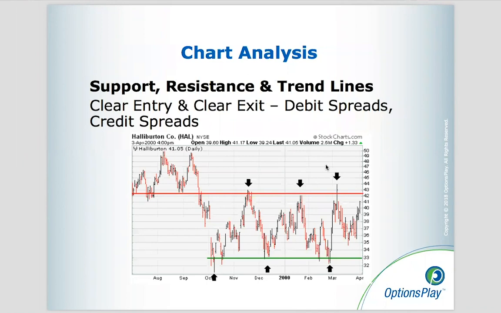That will basically help you limit your risk. So those are two ways that you can use credit spreads or debit spreads to trade when you feel that a stock has hit a support or a resistance level. I have some real examples to show you in a few seconds using Options Play, but this is just for illustrative purposes to show you what support and resistance means and what type of strategies you would deploy based on your views for that stock.